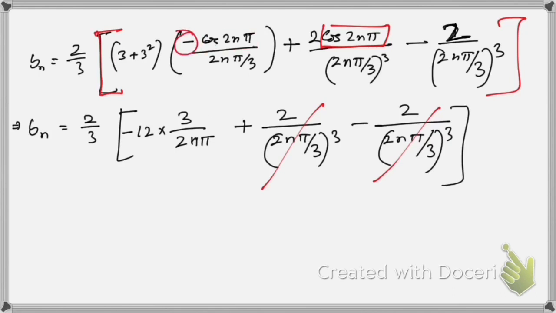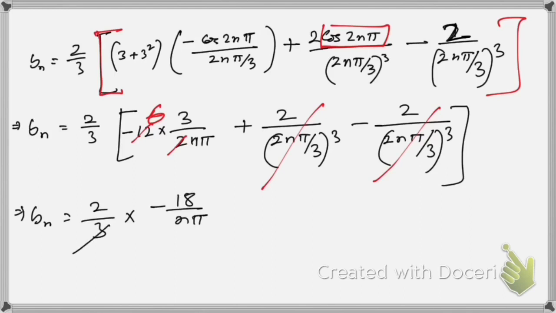So because of this minus, here we have got minus. Okay, so 2 6s are 12, 6 3s are 18, right? So then what we will get, bn is equal to 2 by 3 into minus 18 by n pi, right? n pi and 3 cancel, 18 gives 6, 6 twos are 12, so minus 12 by n pi. That's what we have got.